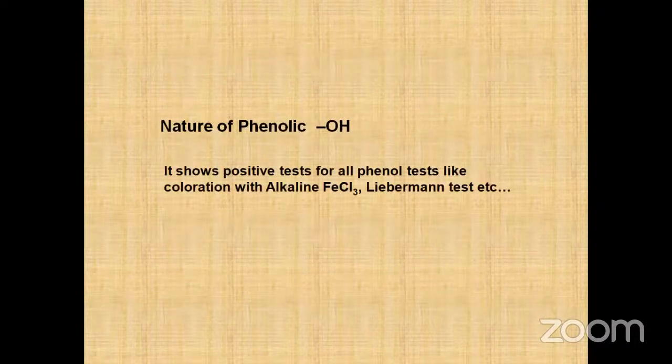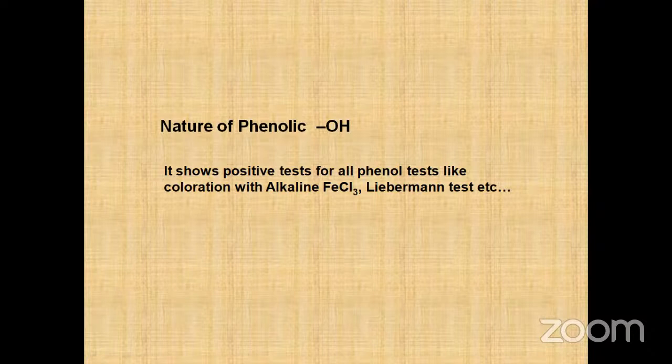Right. Now, nature of phenolic group. All those are explained for only the aliphatic OH group. Whenever the OH group is aromatic or phenolic OH, how is it identified? It shows a positive test. Whenever we are doing a phenol test, some tests are there: FeCl3 test, Liebermann test, Tollens-type fusion test, azo dye test, all are examples for the phenolic OH.